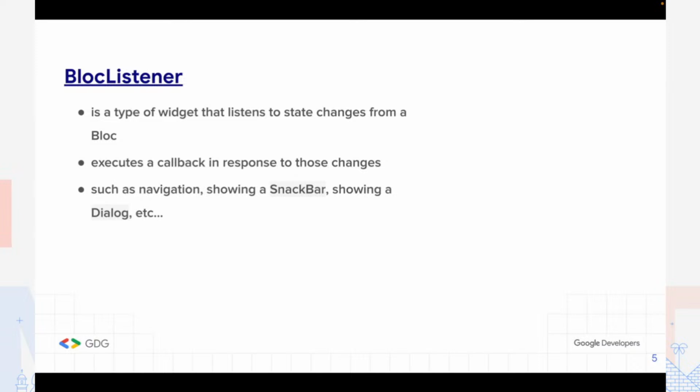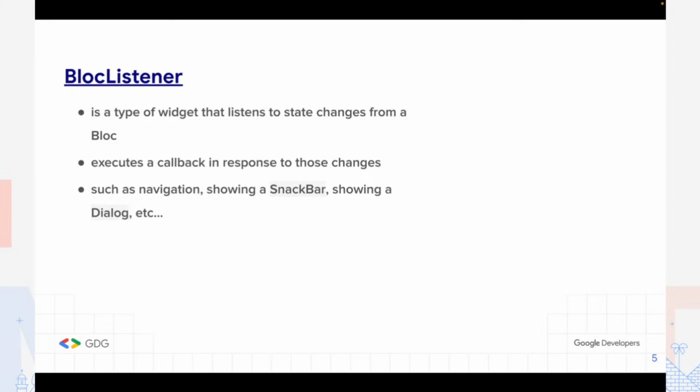The way we can do it is we are going to listen to the state of this login block. The authenticated state is only emitted once the user is successfully authenticated. So once the authenticated state is emitted, we now know that we want to redirect the user.